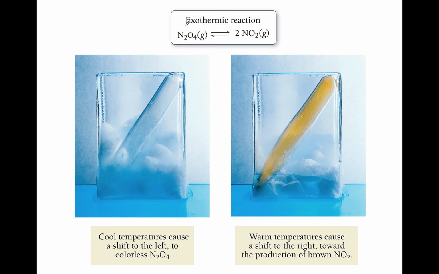So this is an exothermic reaction. What that tells us is we can just write in that heat is a product. So if we cool temperatures, that means we're decreasing the heat, then we have a shift to the left.